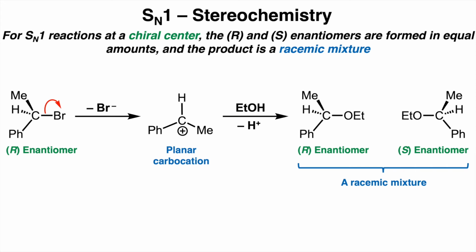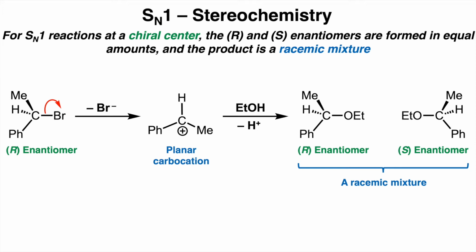If an SN1 reaction occurs at a chiral center, you will form products that are racemic mixtures, which is when both the R and S enantiomers are formed in equal amounts. In this example, you start with the R enantiomer, and then the leaving group, bromine, first leaves to form a carbocation intermediate. Recall that the geometry of a carbon with 3 bonds is considered to be trigonal planar.